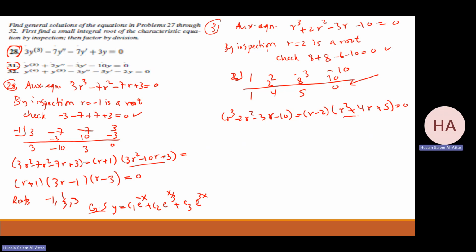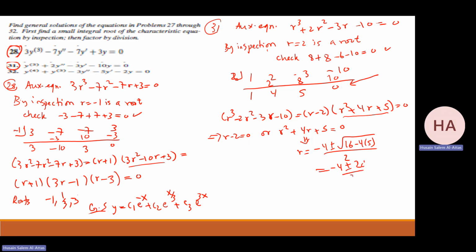This one I cannot factor. So I have r minus 2 equals 0, or this. On this one, to solve it, I need the quadratic formula. So I have r equals minus 4 plus or minus square root of b squared, 16 minus 4ac, over 2. So I have minus 4 plus or minus what? 16 minus 20, minus 4.